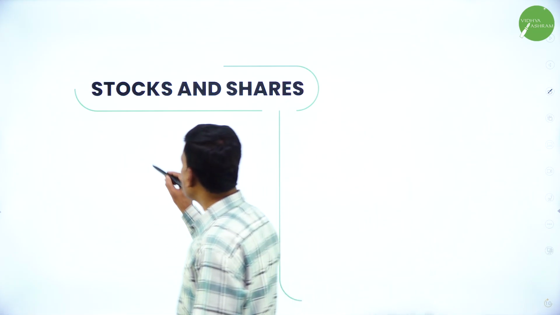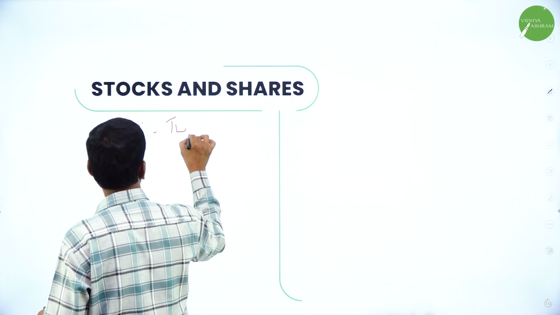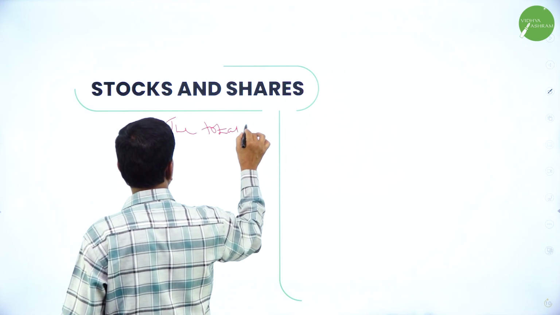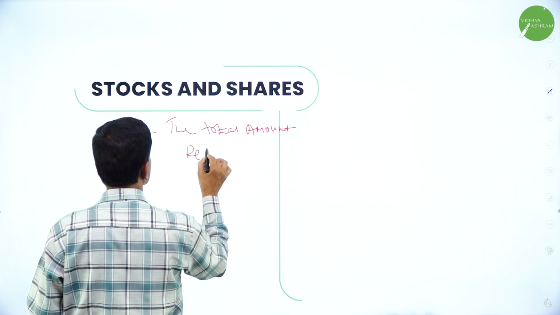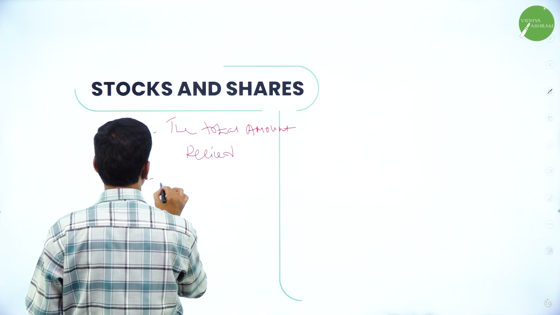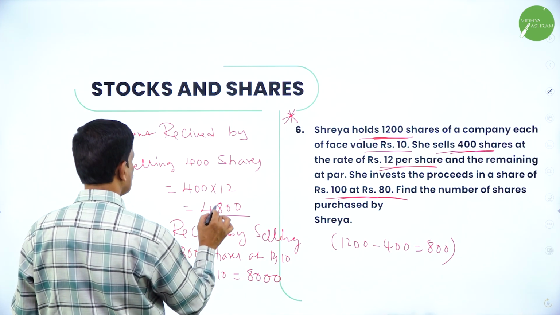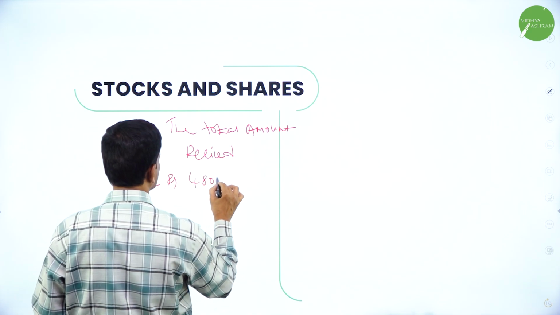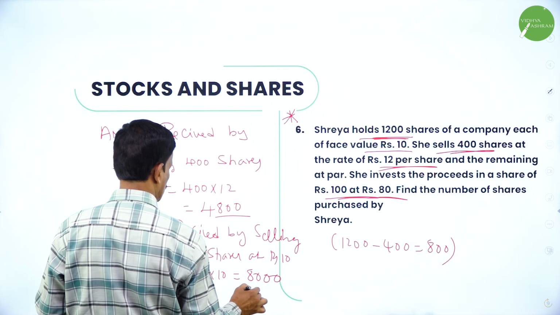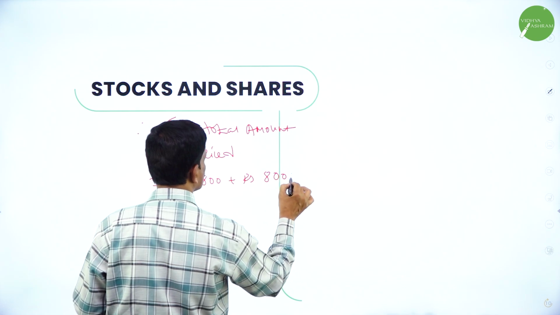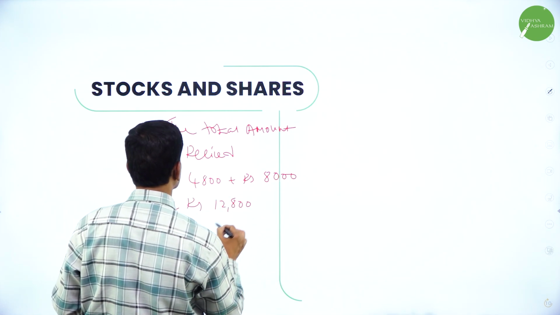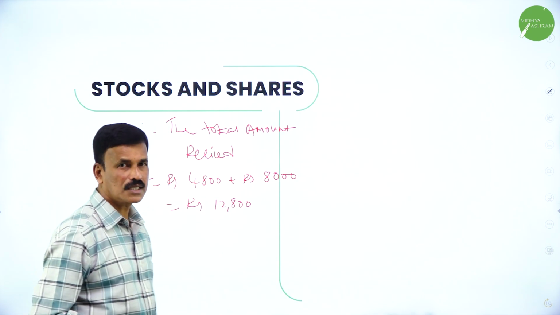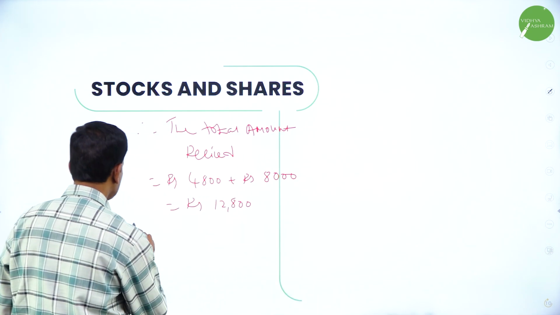So therefore the total amount received is equal to rupees, first one is 4,800 plus second one rupees 8,000, so it is equal to 12,800. Now the cost of one share.